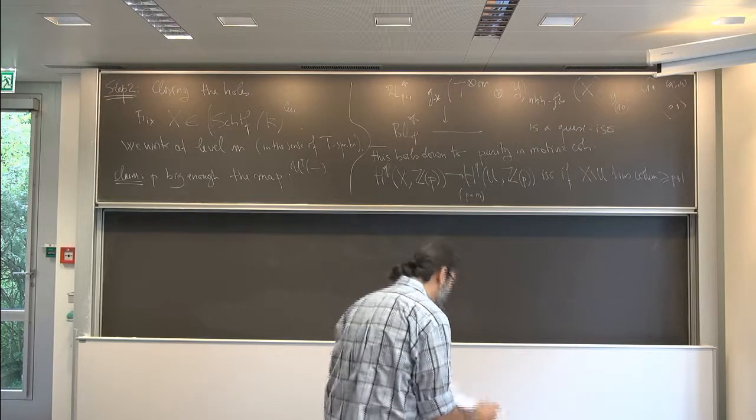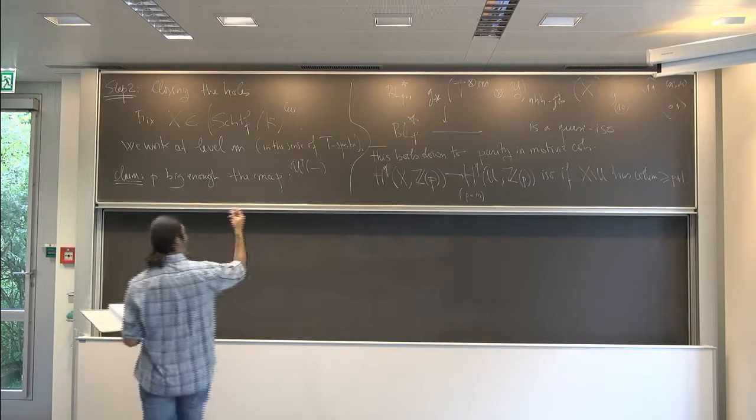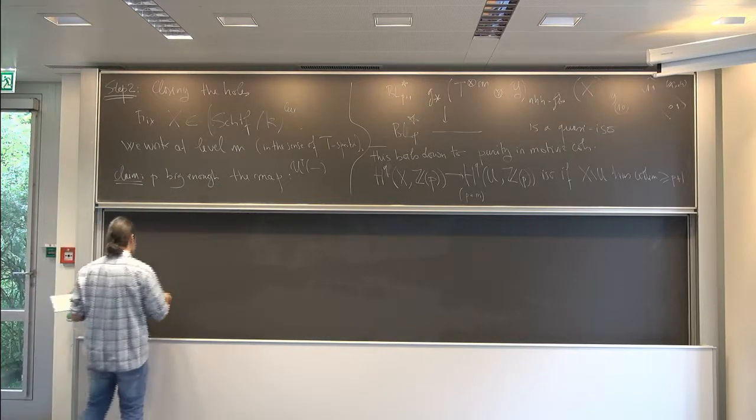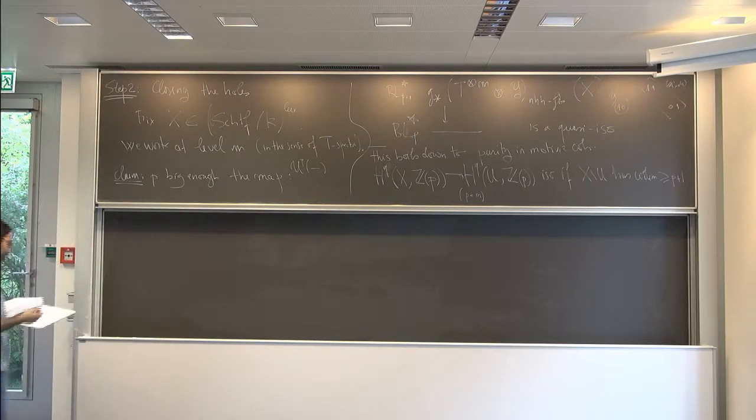Okay, so what is the conclusion of this? The conclusion is that you can replace the homotopy limit of the Bloch-Levin tower by the thing that comes just before in its construction.